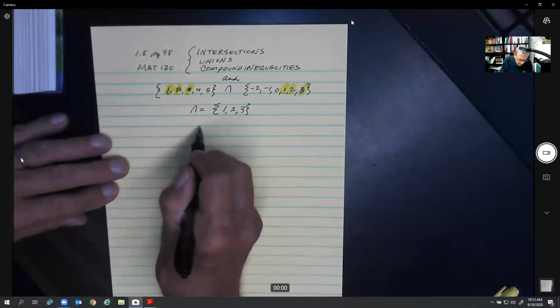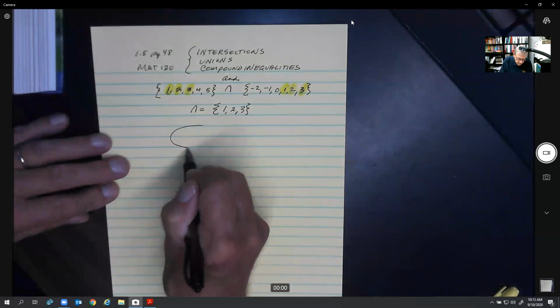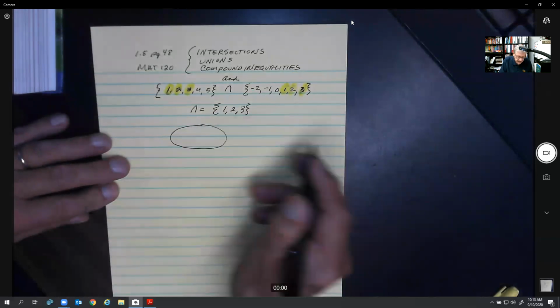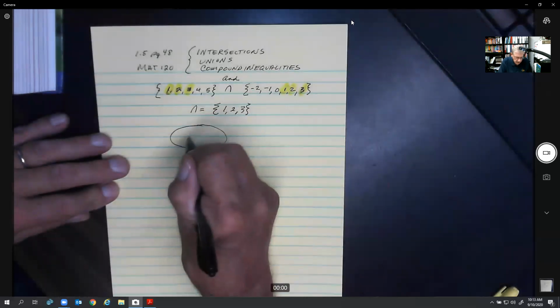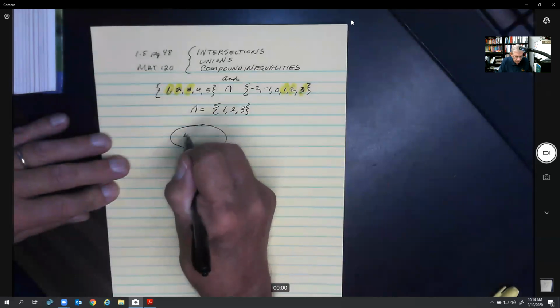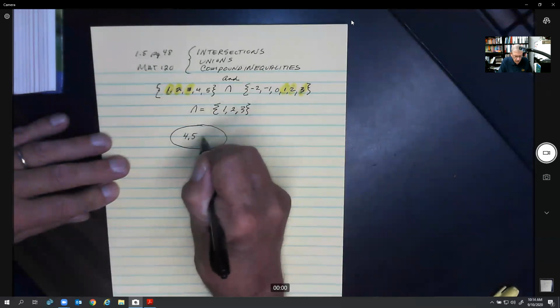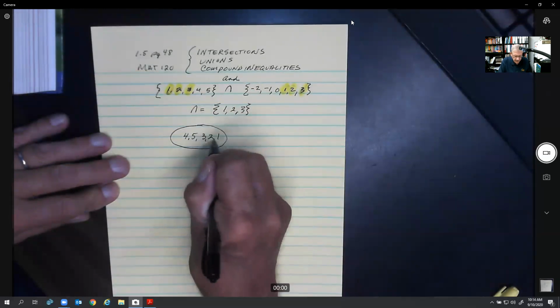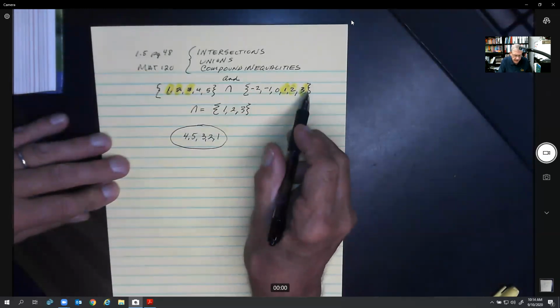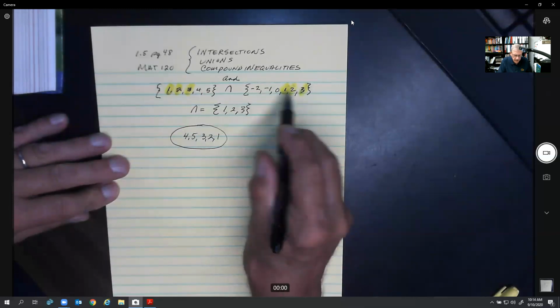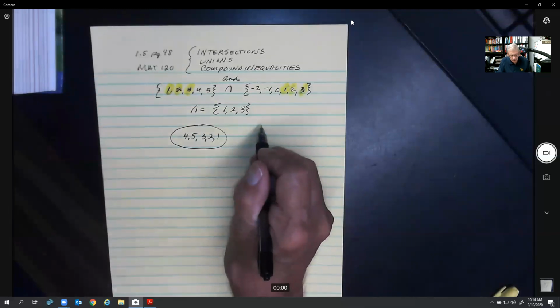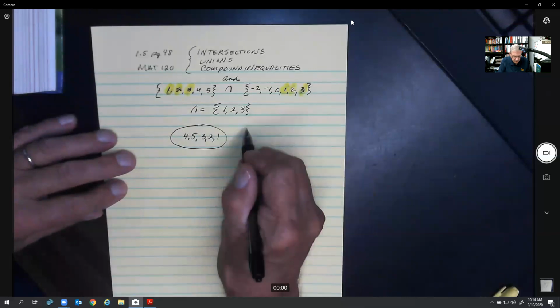Another way of describing this would be: you had this set right here, 4, 5, and we'll put it backwards, 3, 2, 1. And then we had this other set that we'll put starting with -2. We read that one backwards.